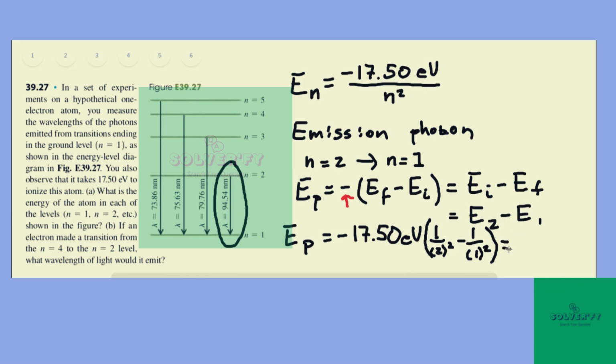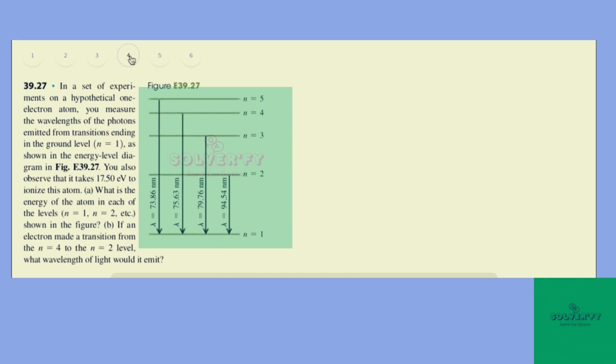So we have negative 17.5 times 1 over 2 squared minus 1 over 1 squared, and that is 13.125 electron volts. So we have the energy of this transition from n equals 2 to n equals 1.